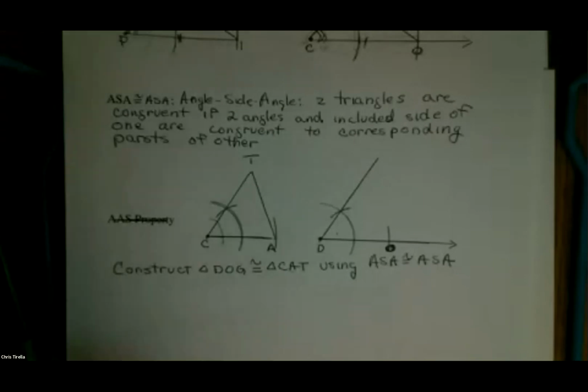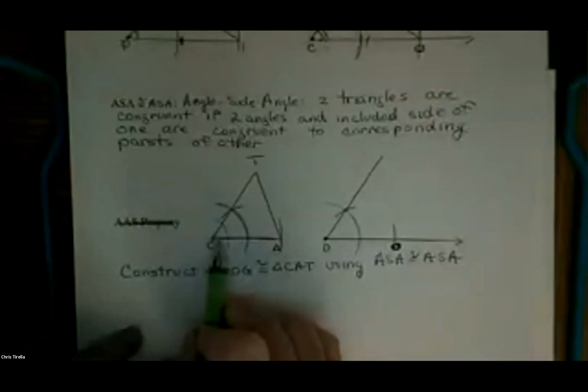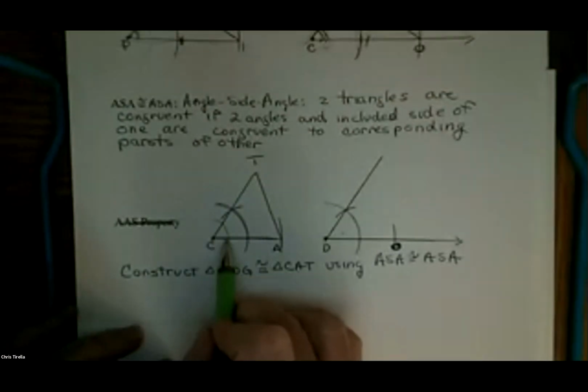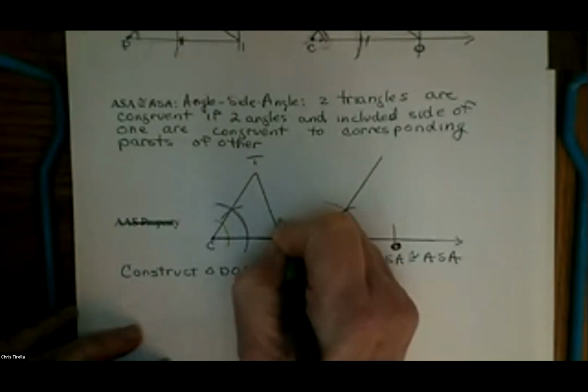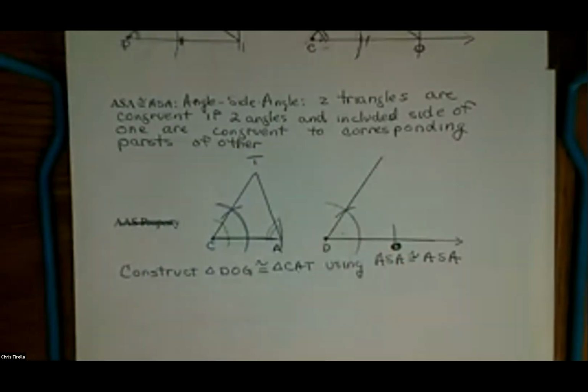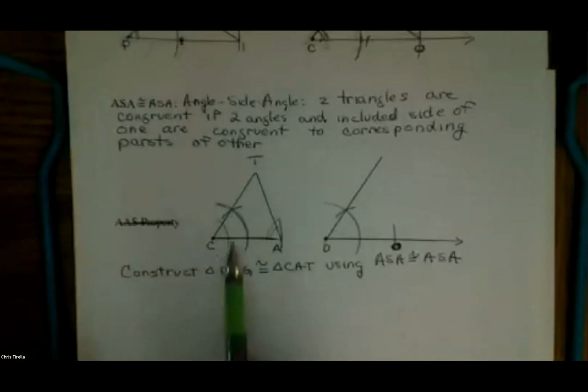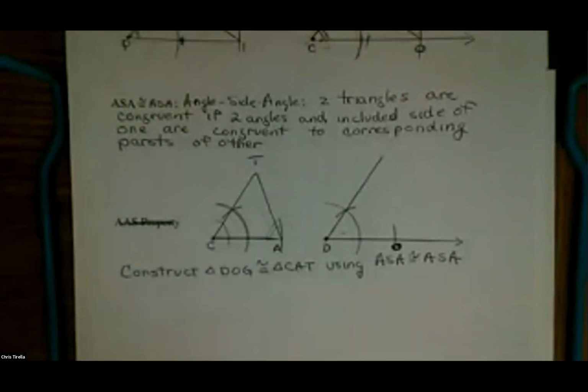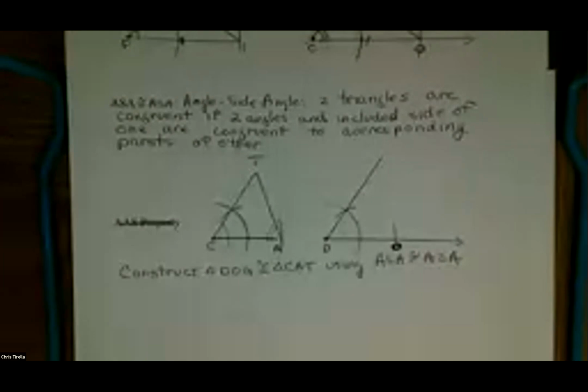Now for my other angle, because my side is CA and I've already got angle C, I have to copy angle A. That side needs to be in between the 2 angles. It has to be that included side, the side that's shared by those 2 angles. So that angle construction was so much fun.